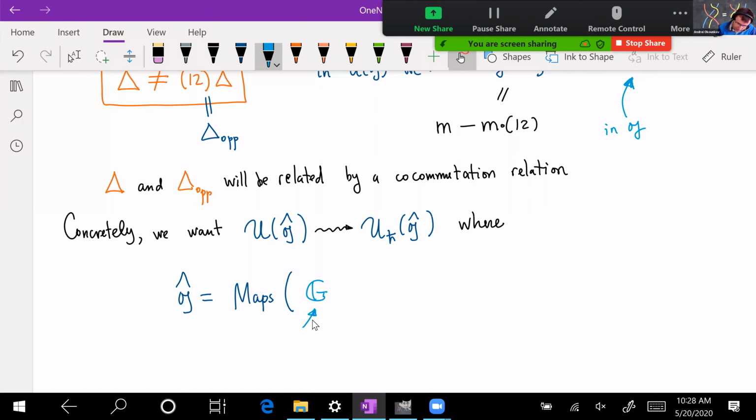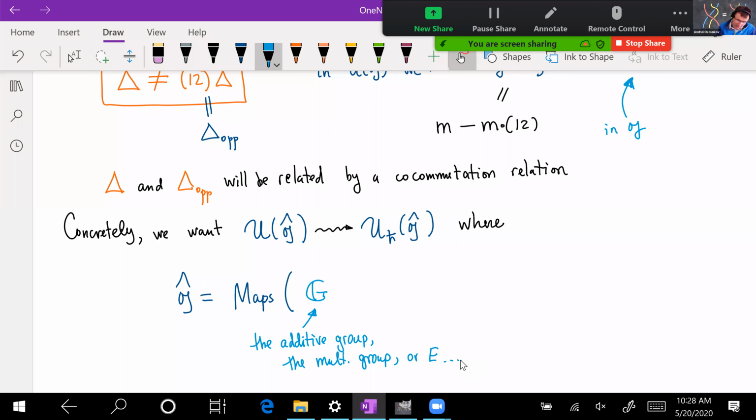This could be the additive group, the multiplicative group, or maybe an elliptic curve, but that is for later, not for now, because an elliptic curve doesn't have so many global functions.